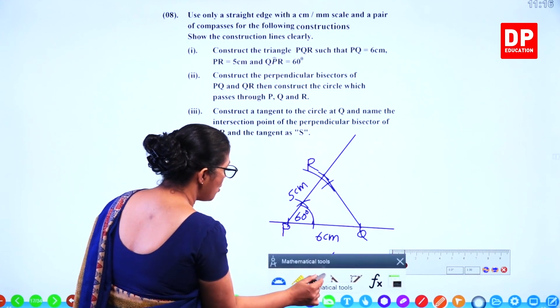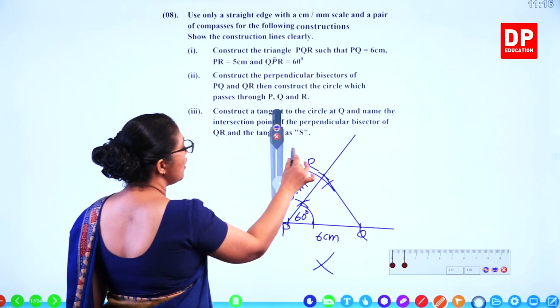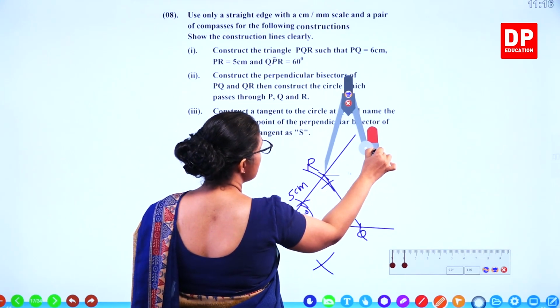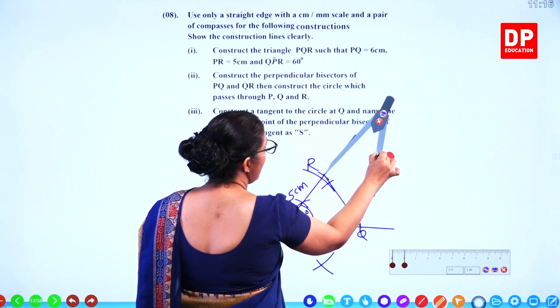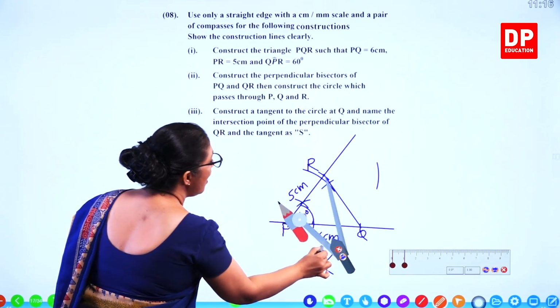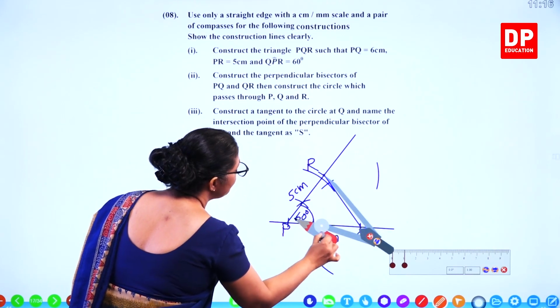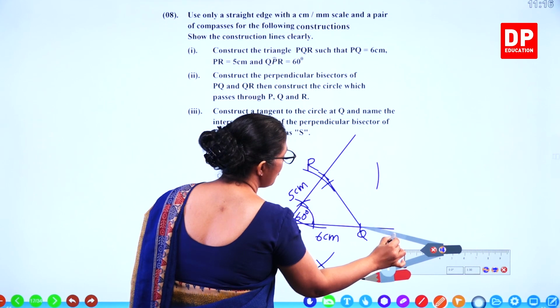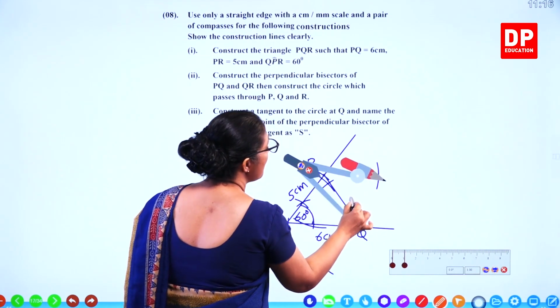Now we have to draw the other perpendicular bisector. So we'll take again a certain distance and you can draw the arc above and below. Again, keep on top of Q and draw the other arc.